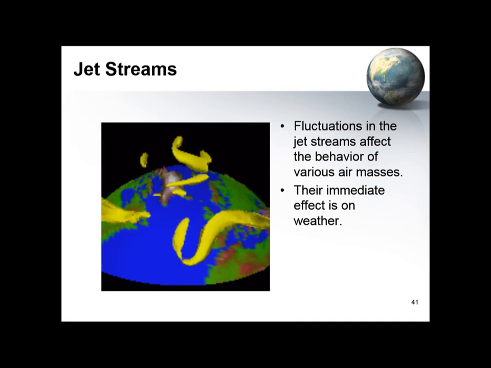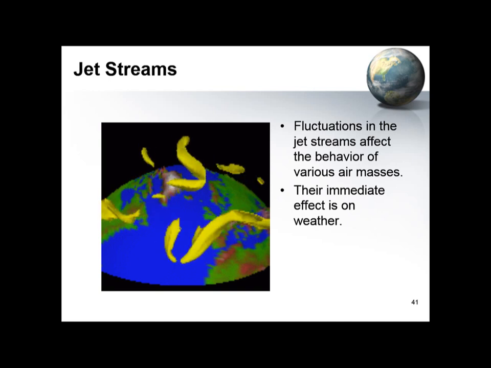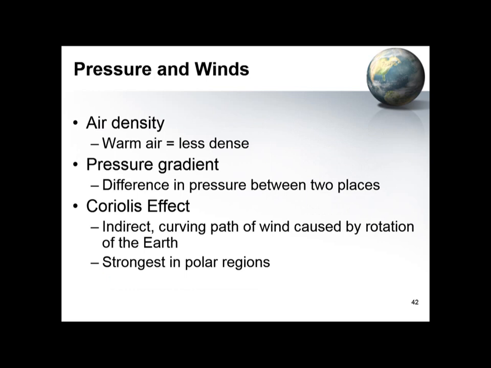Their immediate effect is on weather. Pressure and winds. Air density, warm air, pressure gradient, difference in pressure between two places. Coriolis effect, indirect curving path of winds caused by rotation of the Earth.